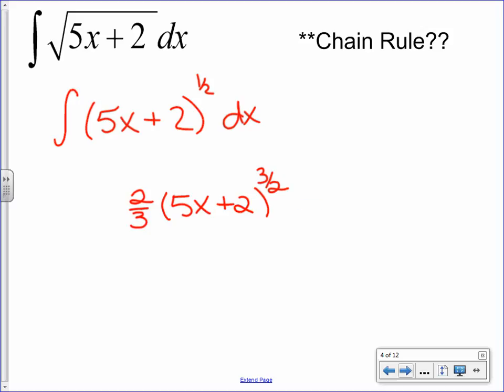Now, if we take the derivative of this, are we going to get back to the square root of 5x plus 2? If we did the power rule, this would come down and cancel out, and it would be 5x plus 2 to the 1/2. But then we would have to multiply by 5 because it's the derivative of the inside, correct?